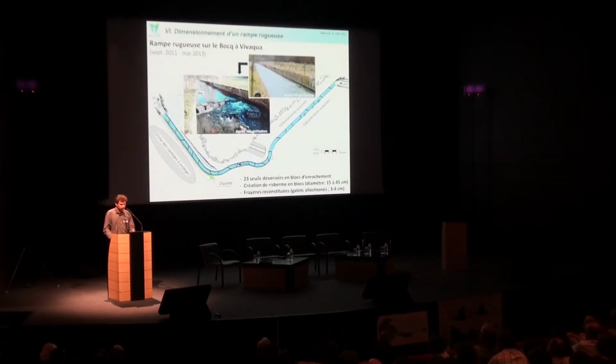And another example I wanted to mention, the rough ramp example, as you can see on the left-hand side, with a concrete bank, 600 meters long channel. It was an obstacle for the fishes because we had a strong, high flow rate, even in low-level times.